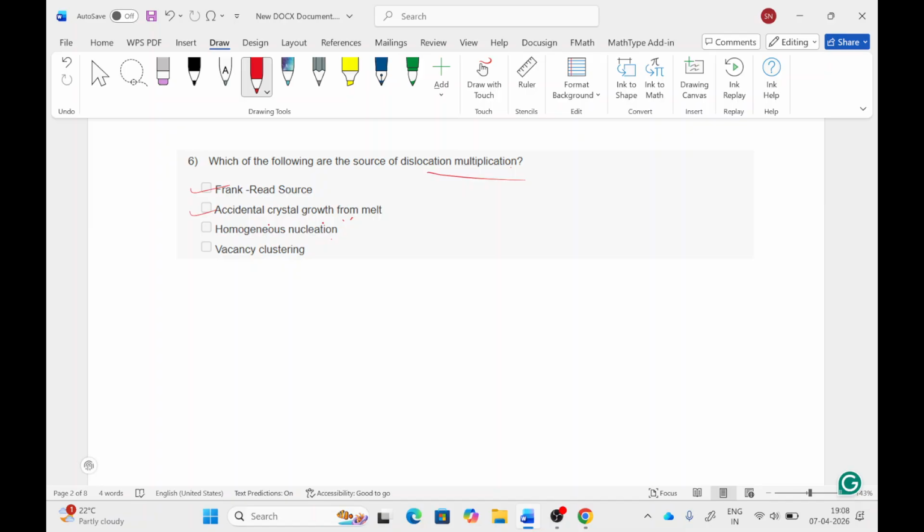Third is homogeneous nucleation. We know this is the melt in which small nuclei start to form. If these nuclei form crystals, because of the arrangement between these crystals, dislocations generate. And the fourth option, vacancy clustering, also results in dislocation multiplication. So all four options are correct for this.